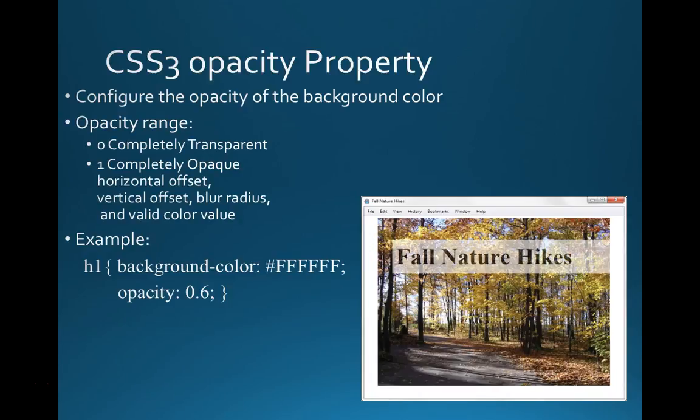All right, let's talk about opacity. The transparency, alpha, essentially what we're doing here. Three words that essentially mean the same. So the opacity property, here it is, we can use to make a color transparent. 0 is completely transparent, while the value 1 is completely opaque, which means you can't see through it.